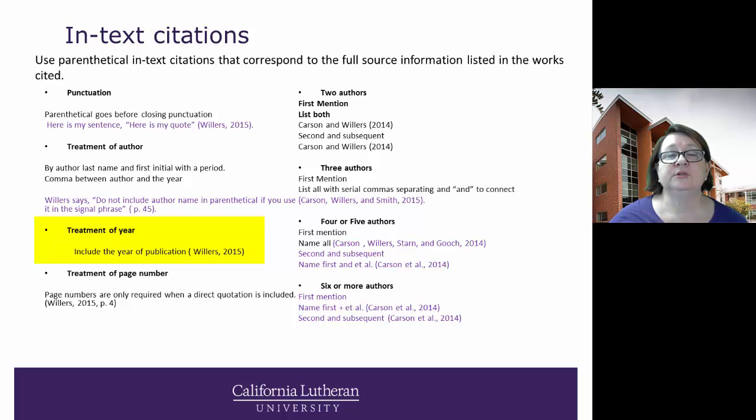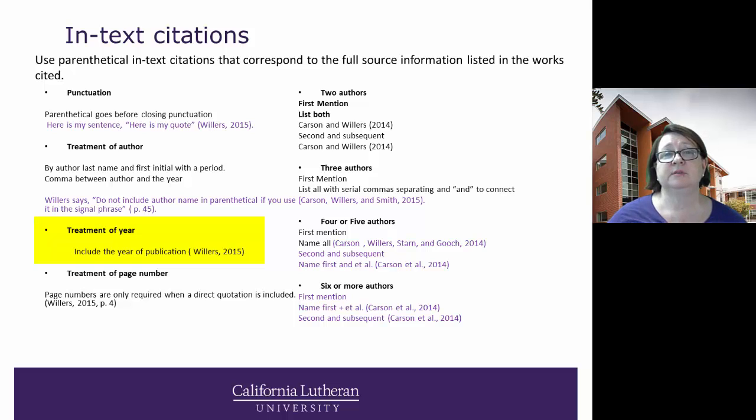There's the treatment of the year. You include the year of publication. Previously, we talked to you about MLA and how it does not use the year. But because APA is from the American Psychological Association and it's used by social sciences, in these fields, the year is very important. Frankly, something from 2010 could practically be outdated. So we're looking for very current resources and very current research.